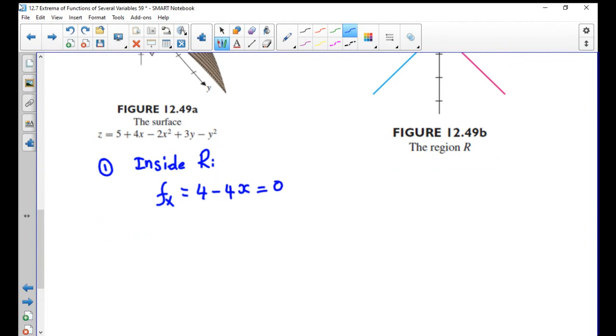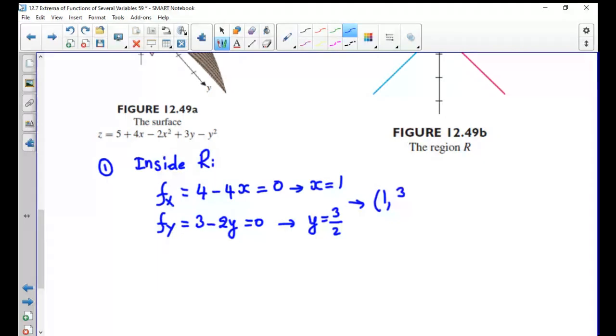We make this equal to 0. And we find fy, 3 minus 2y, and we make it equal to 0. Here, very easy to solve. We get x equal 1, and y equal, what is y? 3 over 2. Okay, great. So we have a critical point, which is (1, 3/2).